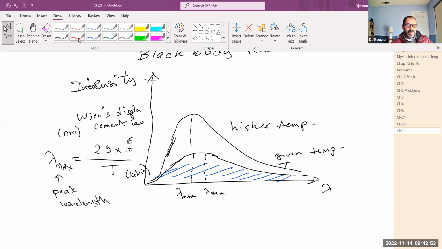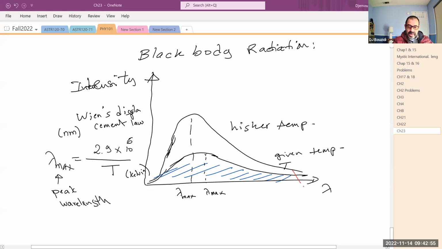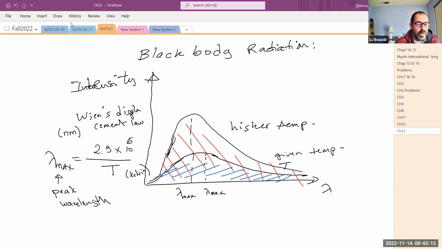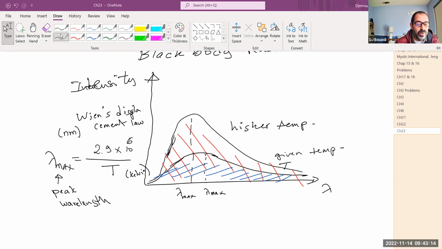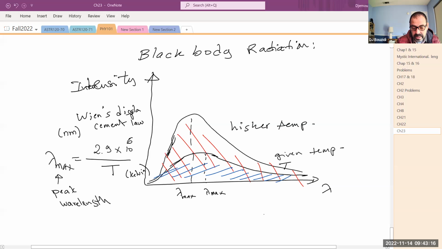And if I take a different temperature, for example the higher temperature, it's going to be this entire area. It's actually an easy method. All you have to do is measure the area. Divide the entire graph into graph paper, and then count the squares, and that's how you find the areas. And the law tells you that the amount of energy emitted is proportional, with the constant 5.67 times 10 to the negative 8, times the temperature to the power 4.